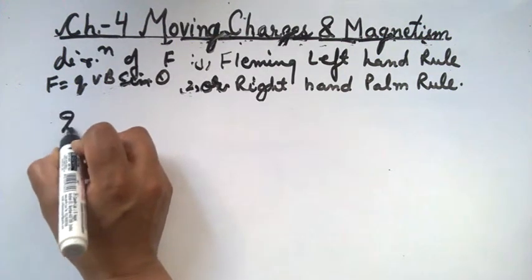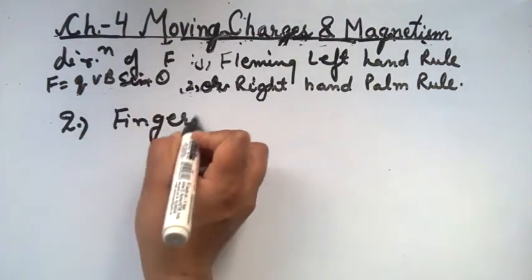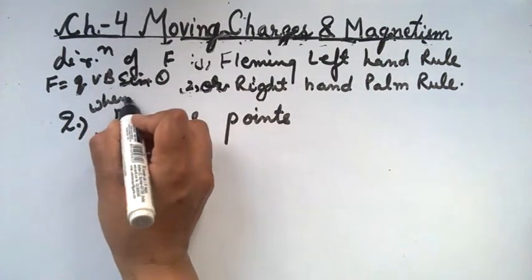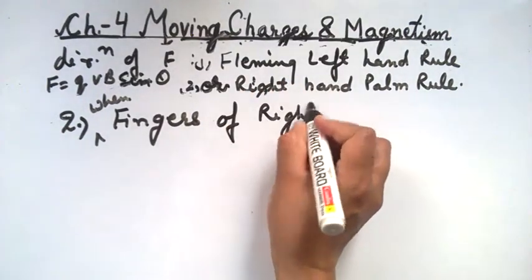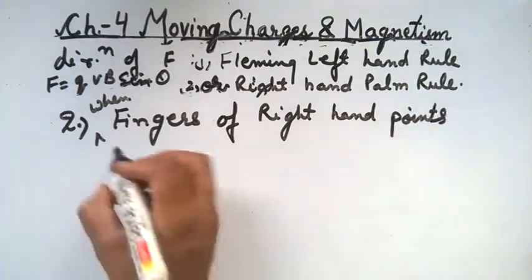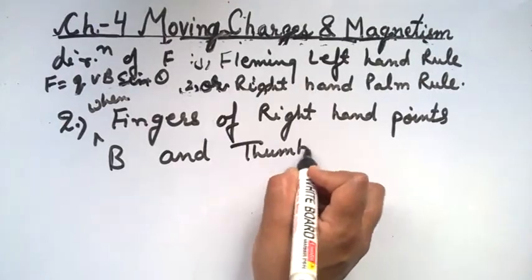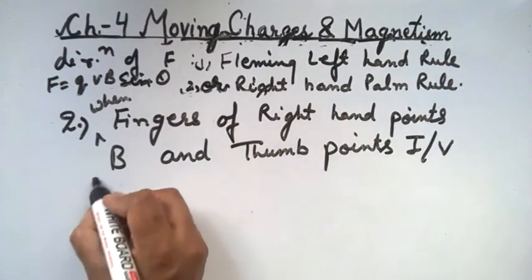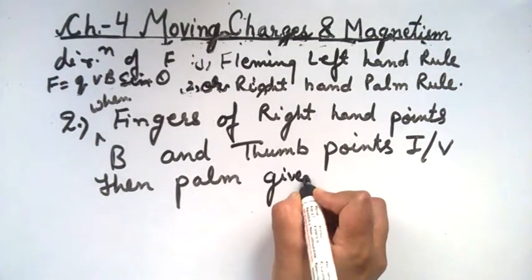When fingers of right hand point magnetic field and thumb points current or velocity, then palm gives direction of force.